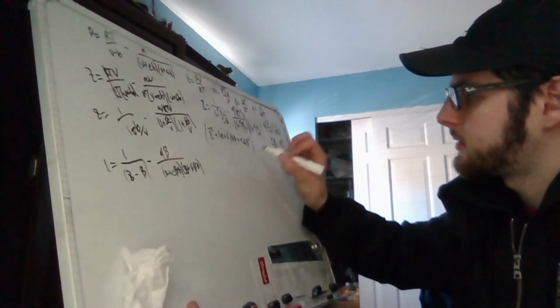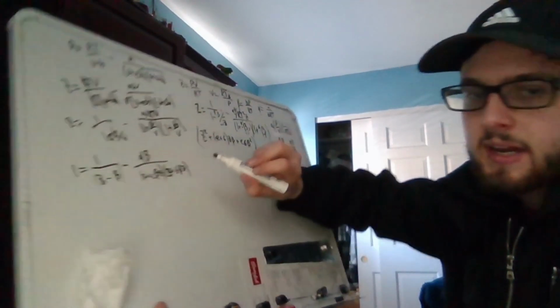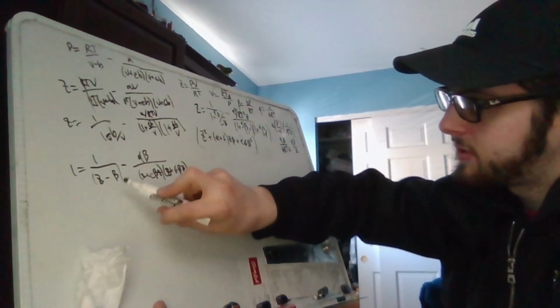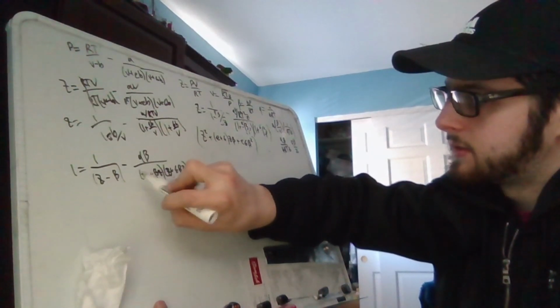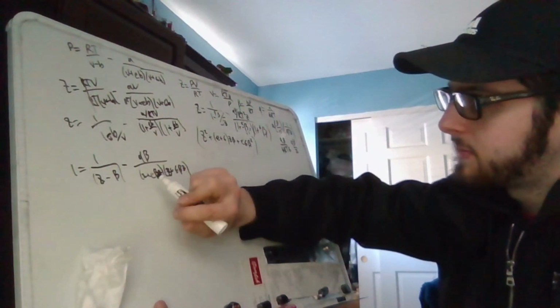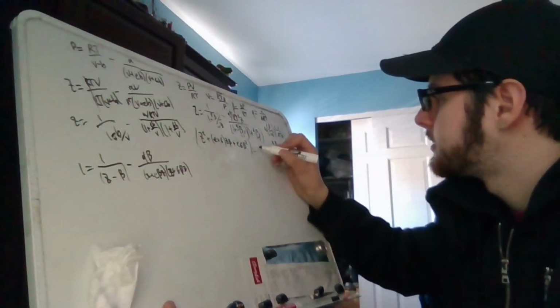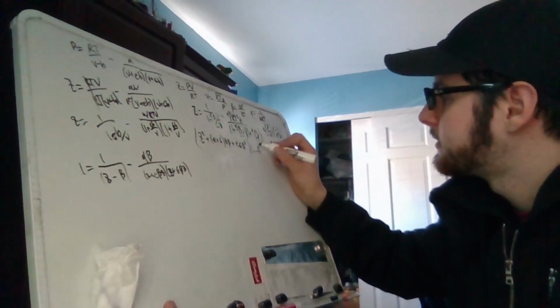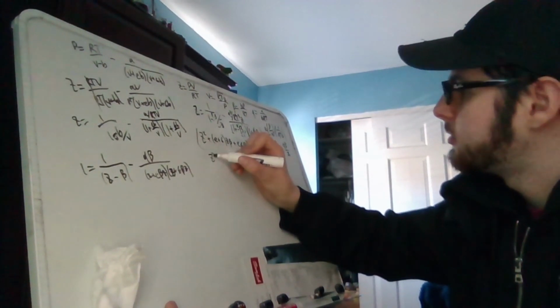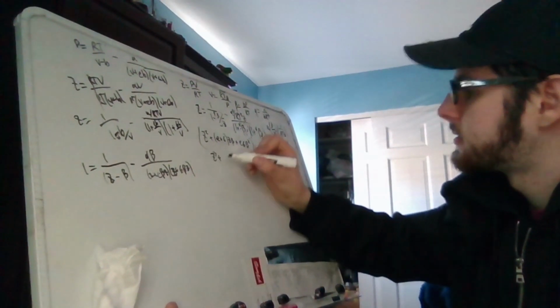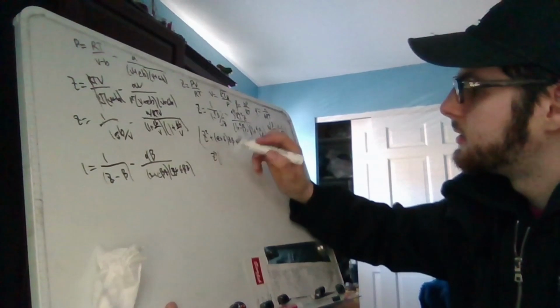And so that's what that is. And then we have to multiply z beta times this for the bottom. So we just get times z minus beta. We get z cubed.